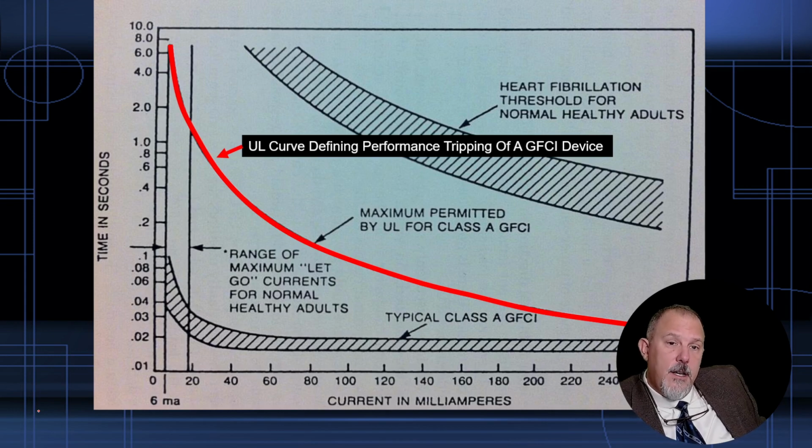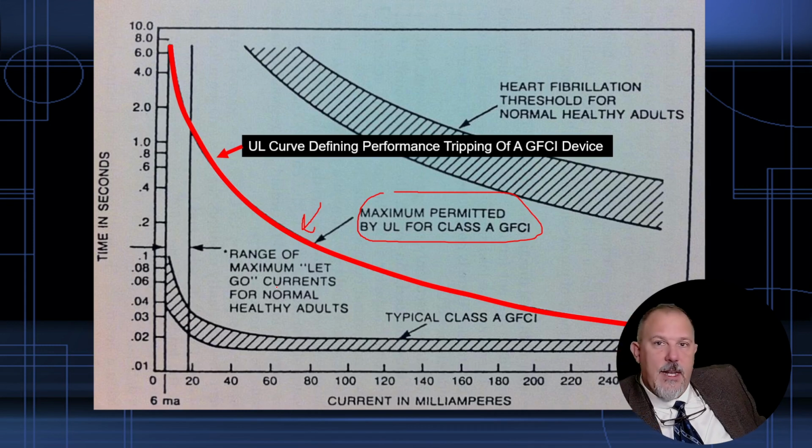I can hug this maximum permitted line. I can hug this line here as close as I want to, as long as I don't go beyond it. That's the only wiggle room that you have as a manufacturer. So you might have a GFCI and say, look, I press the test button and it takes longer than what it used to.